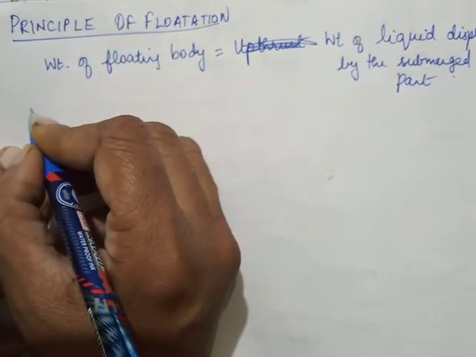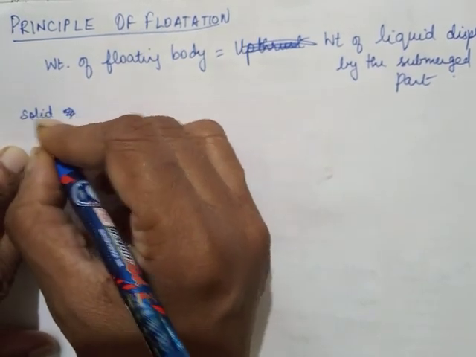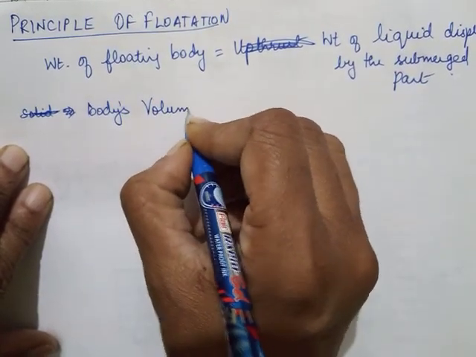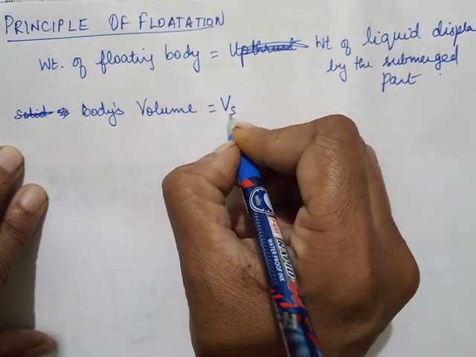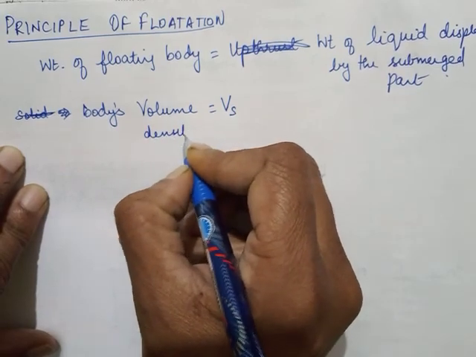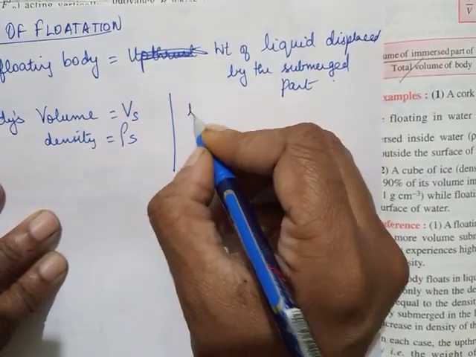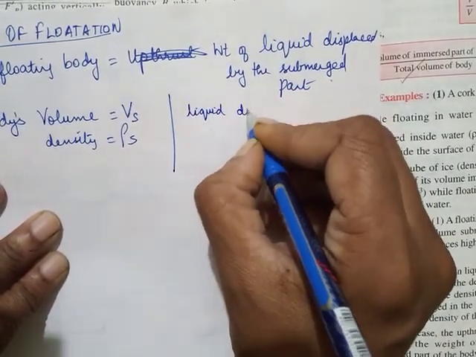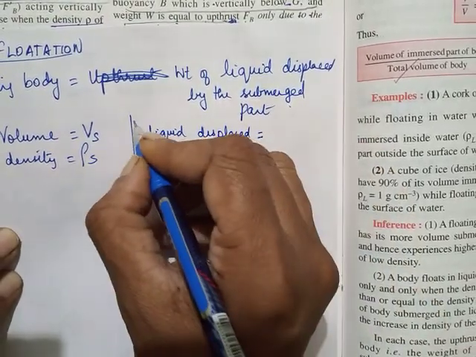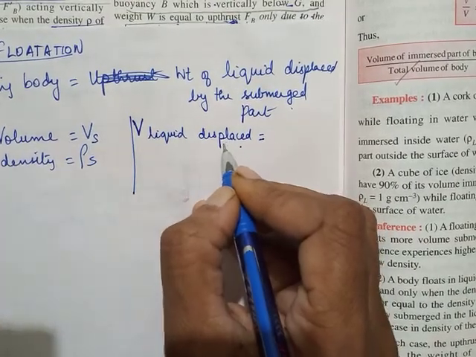So, let's take the solid's volume. The volume of the body is Vs, and the density of the solid is rho s, and then liquid displaced, not the entire liquid, only the volume of liquid displaced, that is the volume of the submerged part.